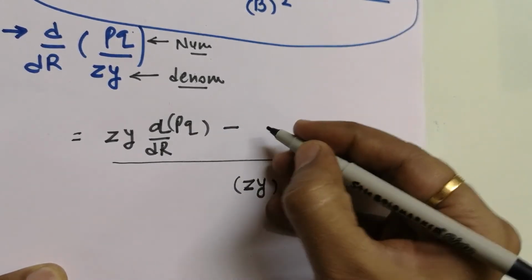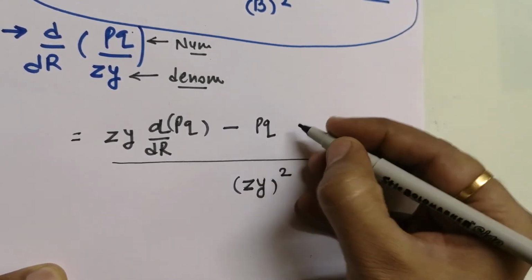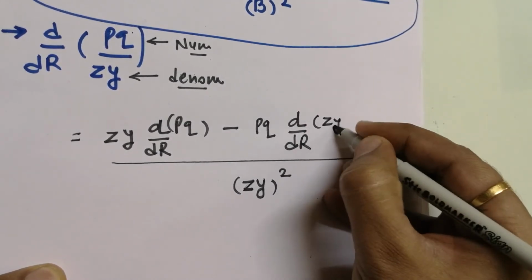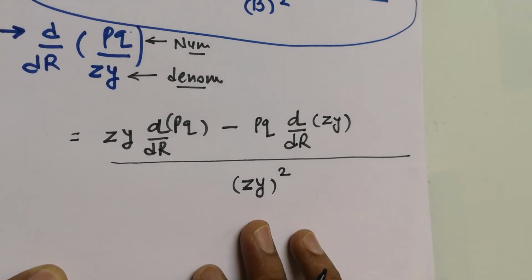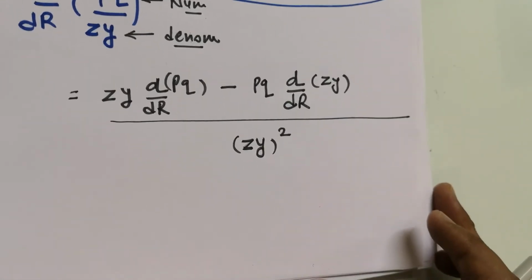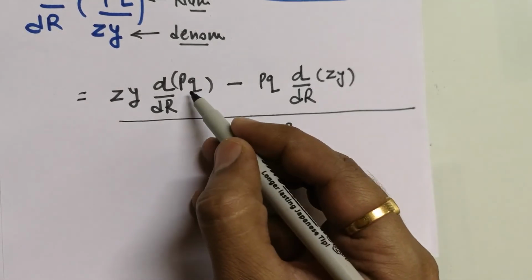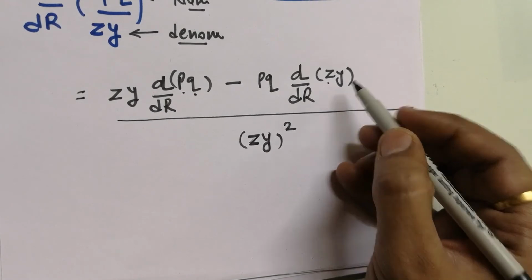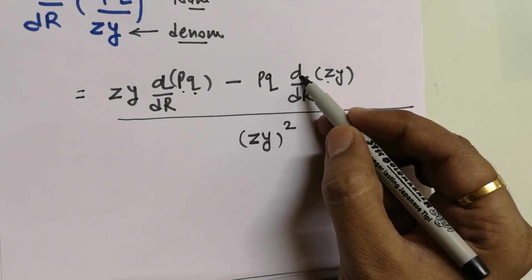Minus is compulsory. Now numerator is outside and differentiation of your denominator. This is very simple, as we have learned in the previous part. Now you can see that p and q are in multiplication, z and y are also in multiplication, in terms of differentiation.